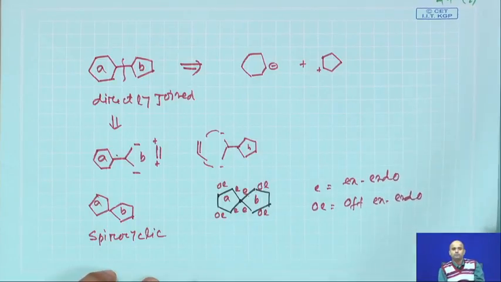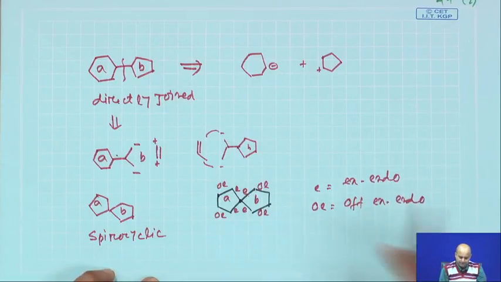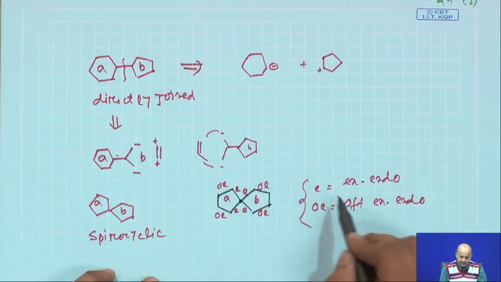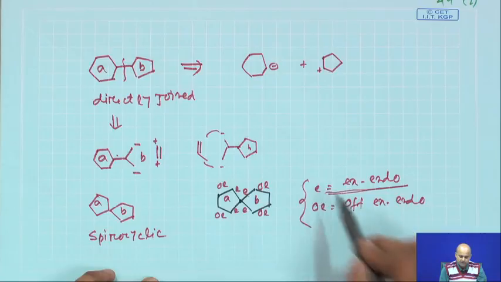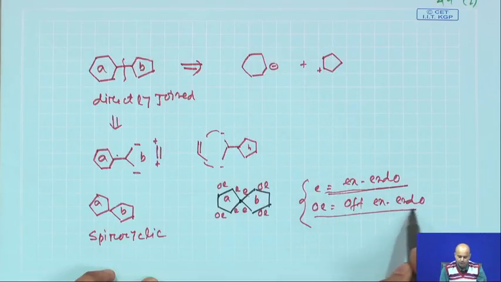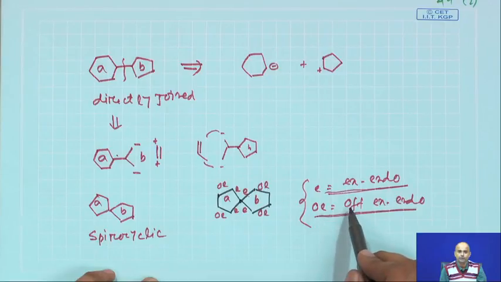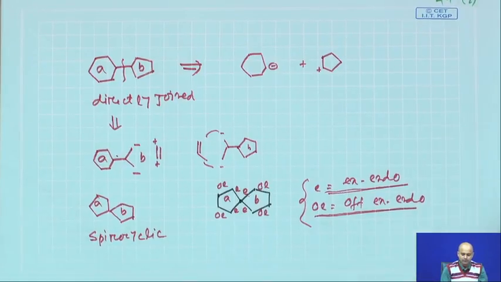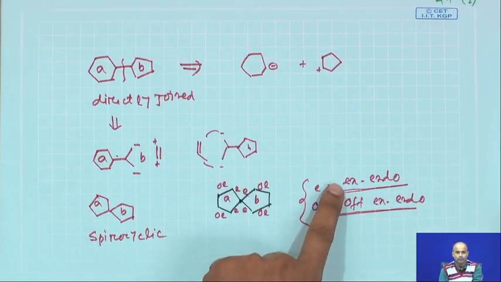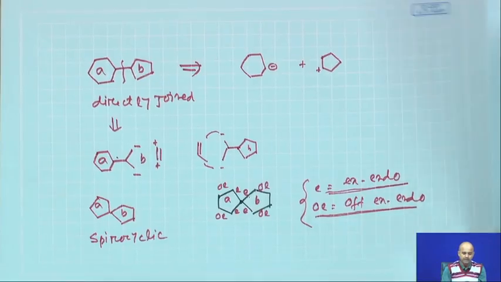Now, for strategic guidelines, exendo bonds can be a good point of disconnection, as well as off exendo bonds. Both kinds of bonds can be a good strategic point of disconnection, and probably in the next few examples we will talk about how these exendo bonds and off exendo bonds can be strategically disconnected.